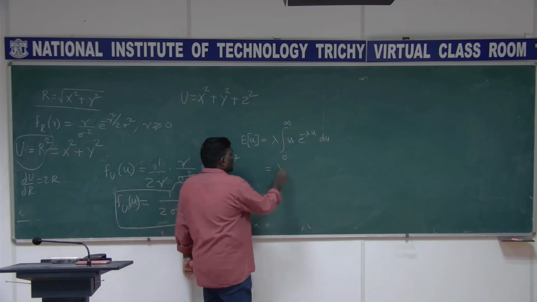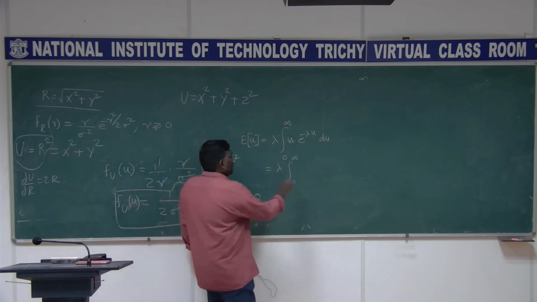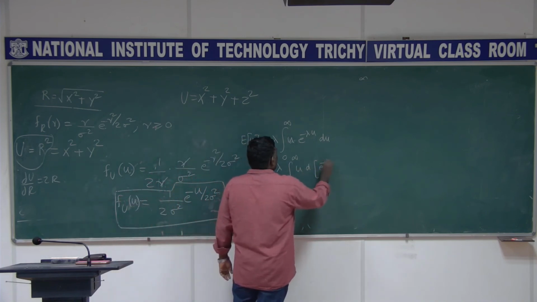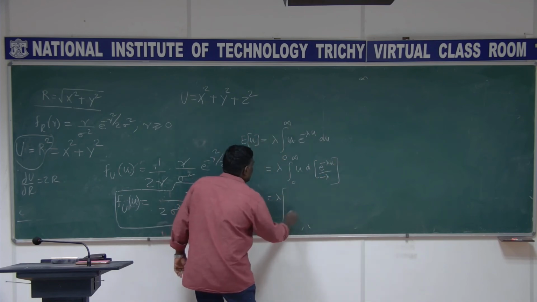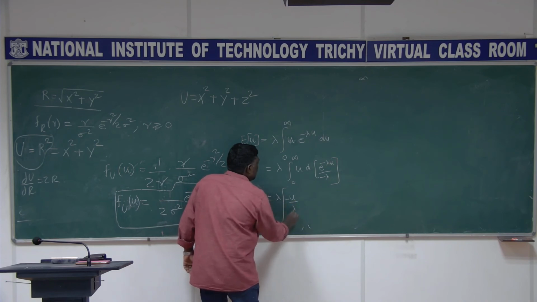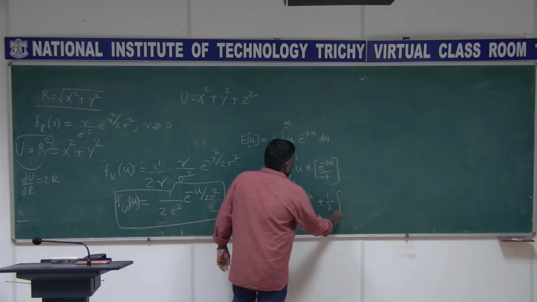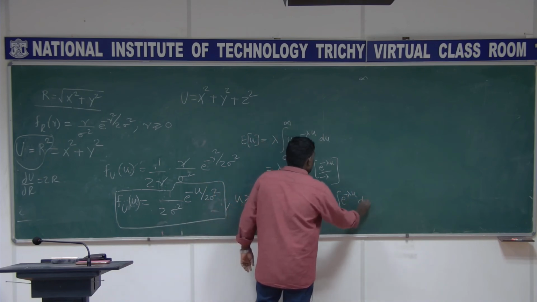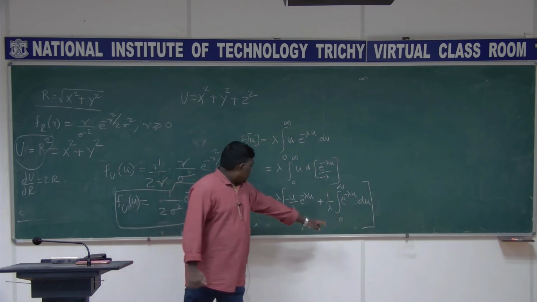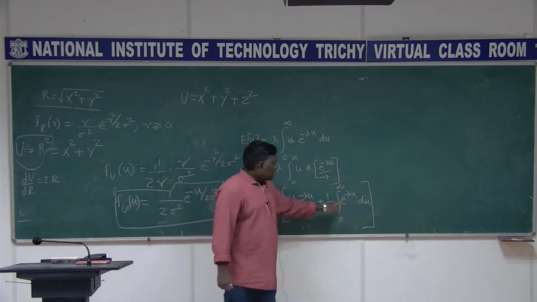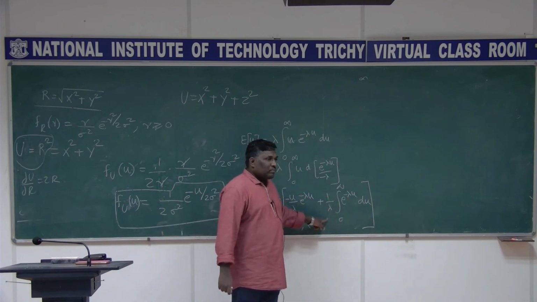So how will you find this? You can go for u times d of e power minus lambda u divided by minus lambda, so lambda times u into minus 1 by lambda e power minus lambda u, plus 1 by lambda integral e power minus lambda u du, 0 to infinity. What will happen to the second term? It becomes e power minus lambda u by minus lambda, giving minus 1 by lambda square.